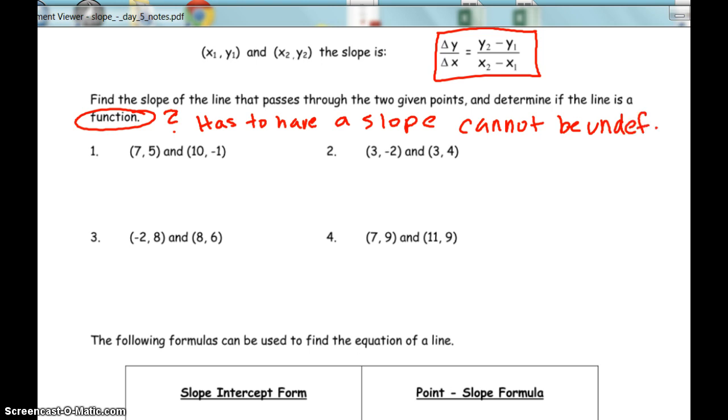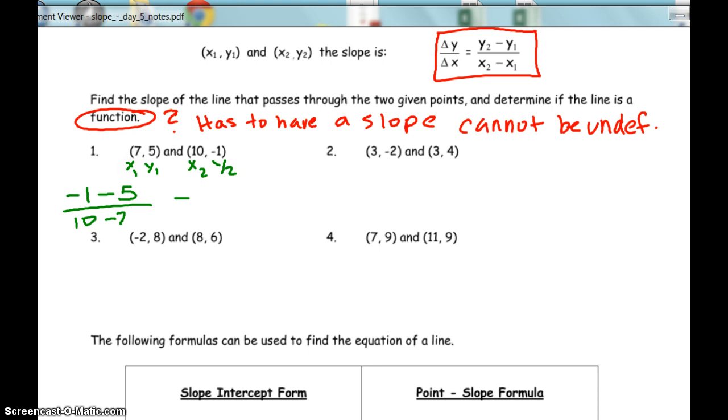So we're going to start by labeling our points. X1, that should be a Y, sorry guys, my marker. X1, Y1, X2, Y2. Plug these in. Y2 is -1 minus 5 divided by 10 minus 7. -1 and -5 are same signs, so we're going to same sign, add and keep.